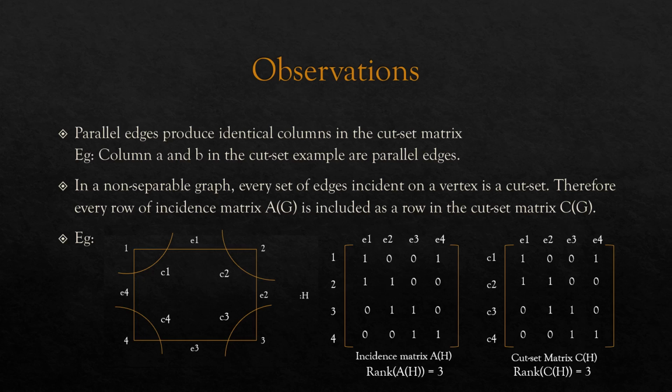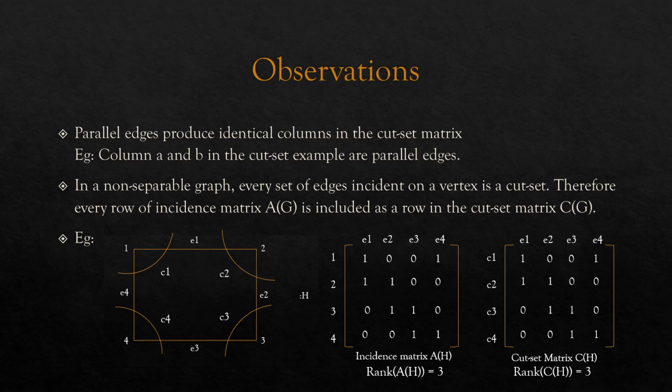Now let's look at the next property. In a non-separable graph, every set of edges incident on a vertex is a cut set. Therefore, every row of an incidence matrix AG is included as a row in the cut set matrix.